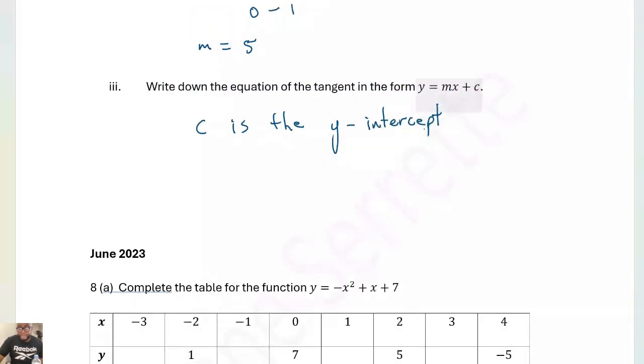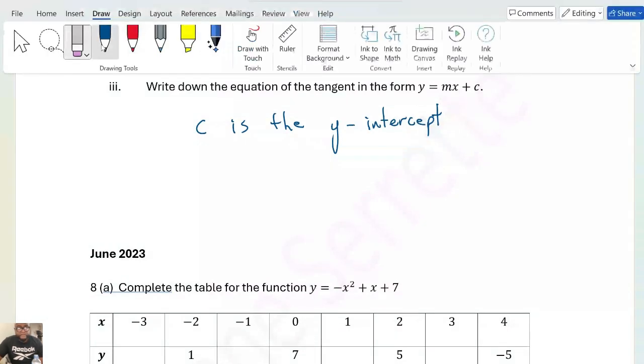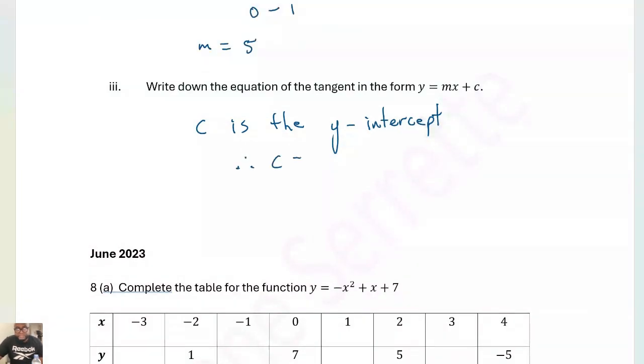So c is the y-intercept, which is equal to -2. Therefore, c is equal to -2, and we have m, the gradient, which is 5. This implies that y is equal to 5x, which is mx, plus -2. That's my equation.